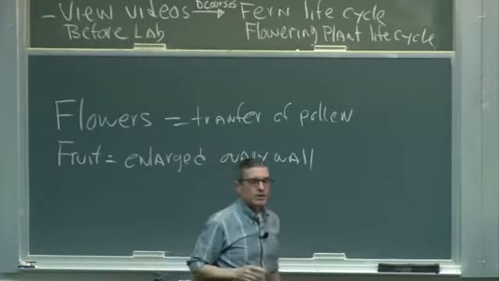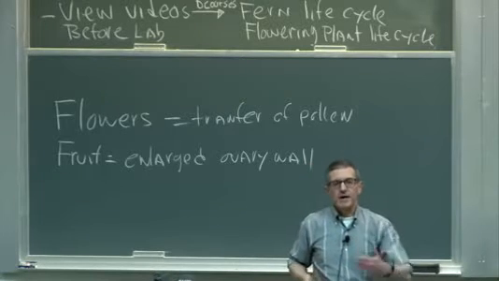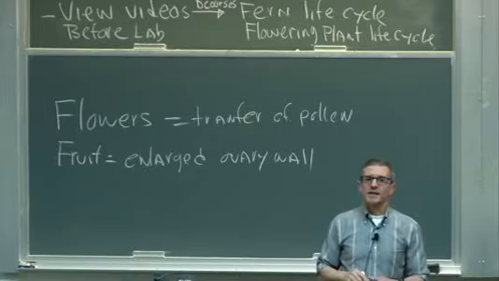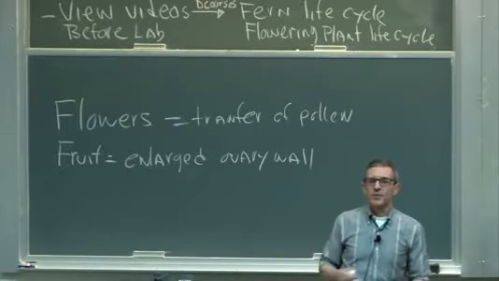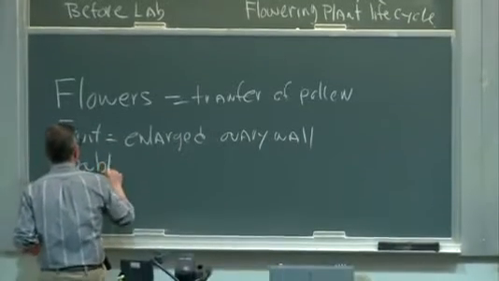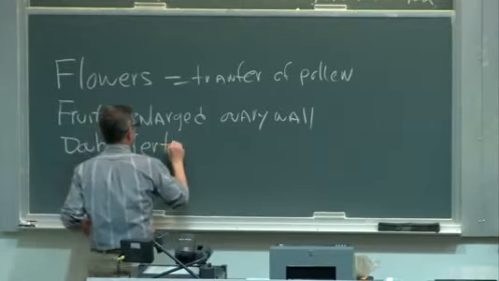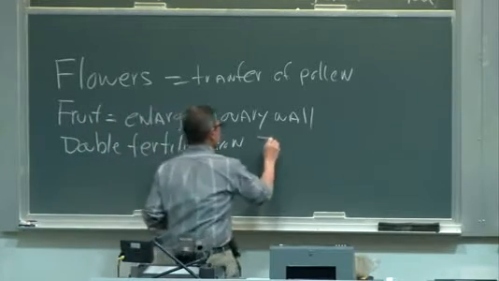Today what I'd like to do is to continue talking about the angiosperms and to take the beginning of the lecture where we ended last time, that is with the double fertilization, that process which gave rise to two types of fertilizations.